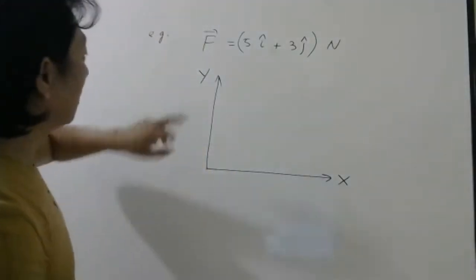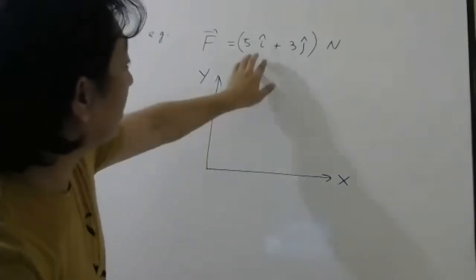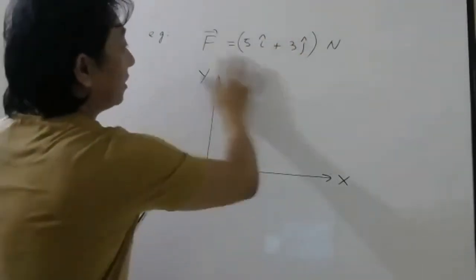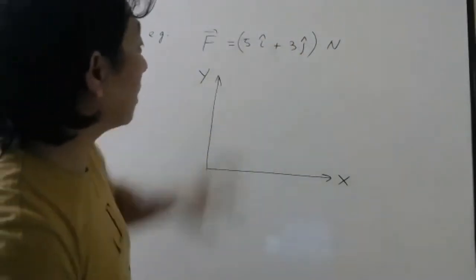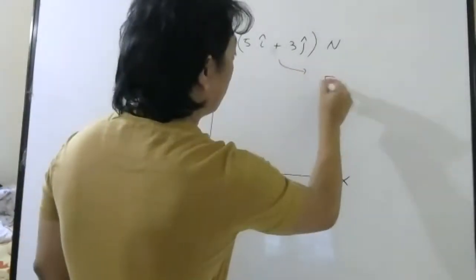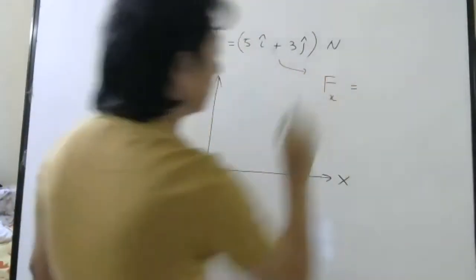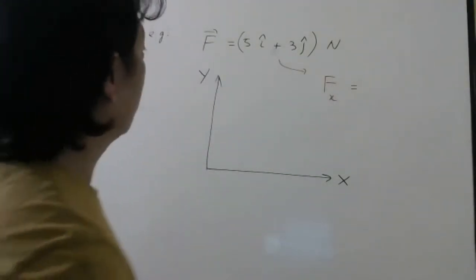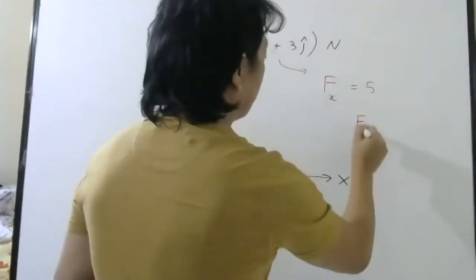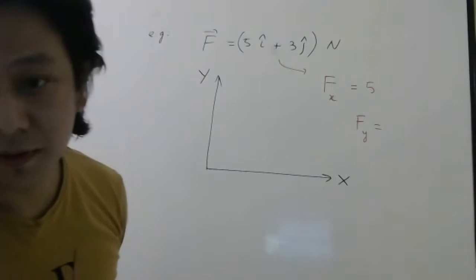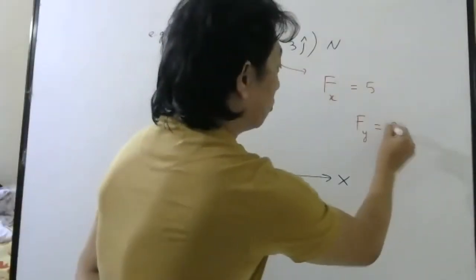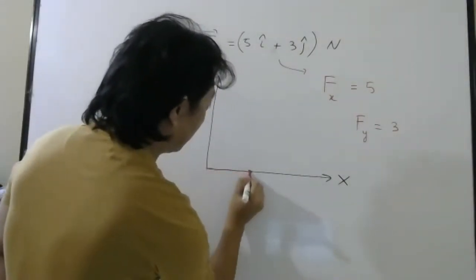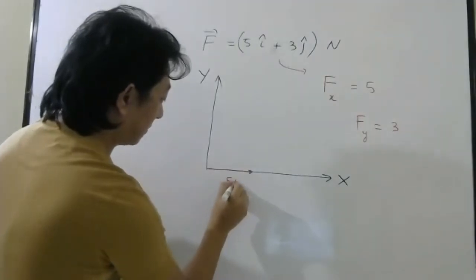Look here now. Suppose this is the y-axis, this is the x-axis, and this is the force vector 5 i cap plus 3 j cap. How will you represent this in a diagram? First, what is the x component of this force? It is 5. And what is the y component? The y component is 3. So you have to draw a vector here whose magnitude is 5. This is your Fx.